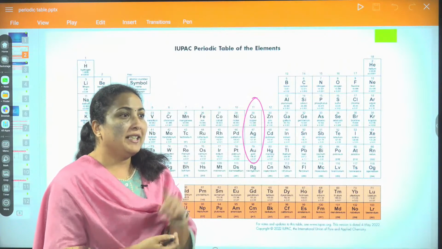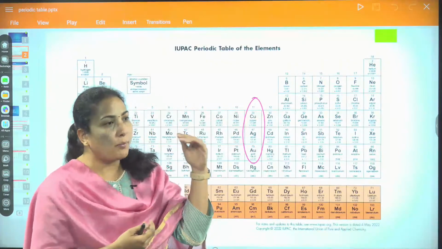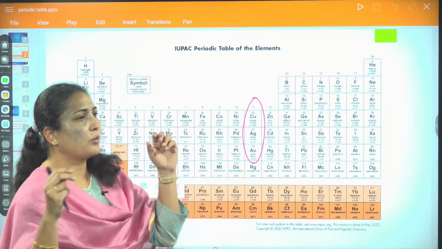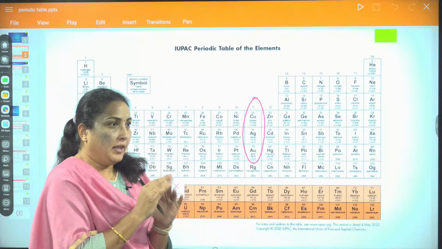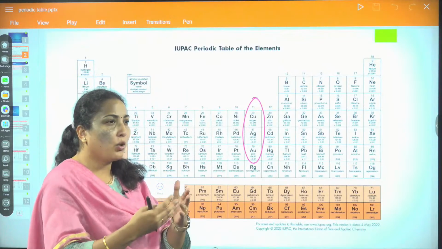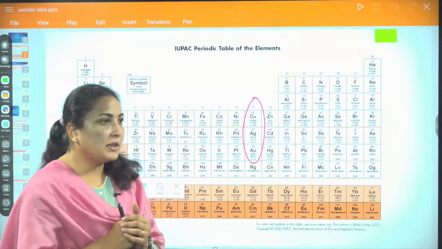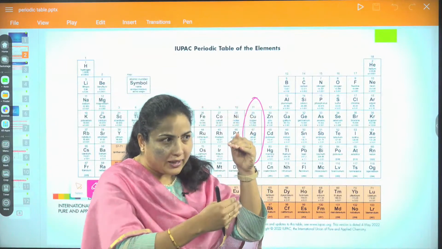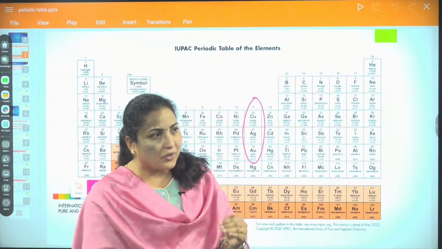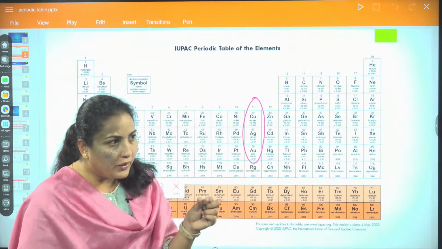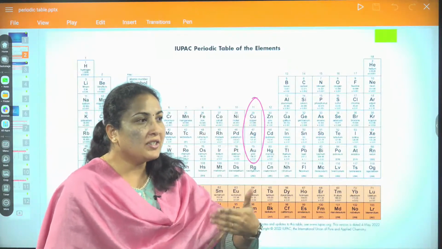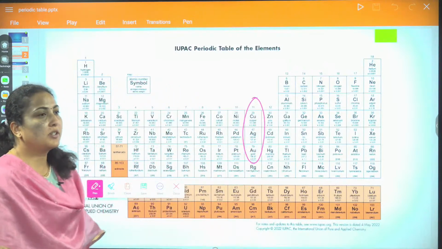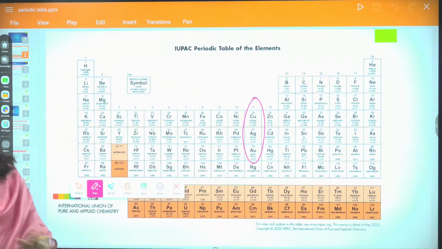In the industries, copper will be used for making big vessels, equipments, along with something else, alloys. But silver you'll never see because it is costly. So basically copper cheaper, after that a little bit more costly Ag, and after that you are having gold. As you are moving down, you are having an increase in its value. Copper, Ag, Au. Is it clear? So you don't need any mnemonic for this.